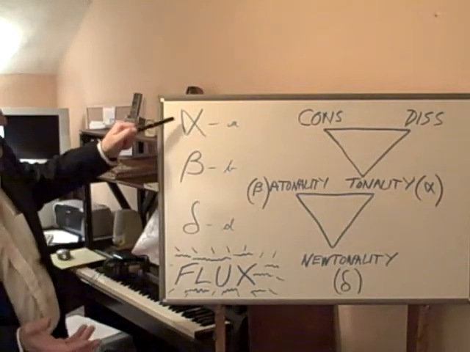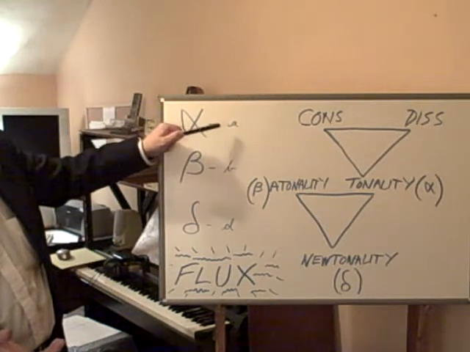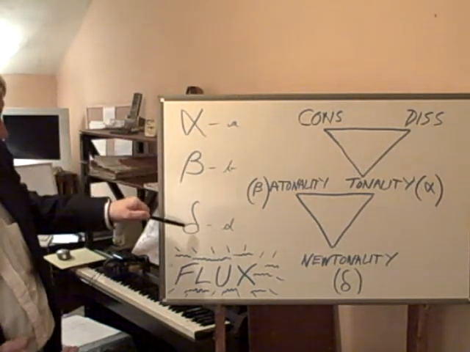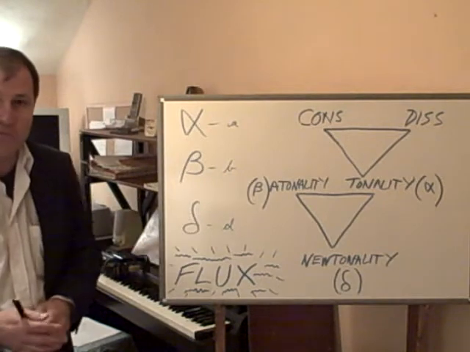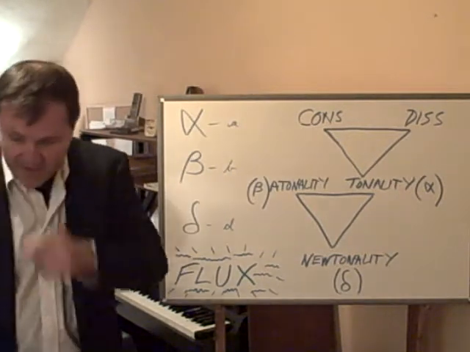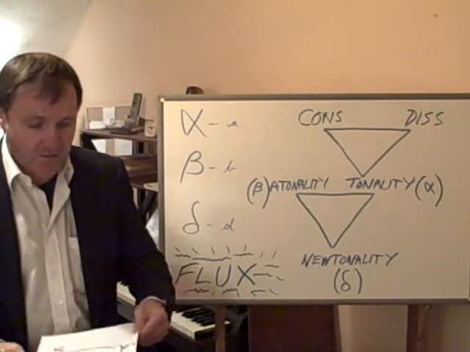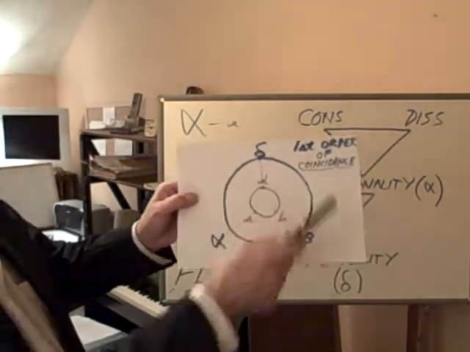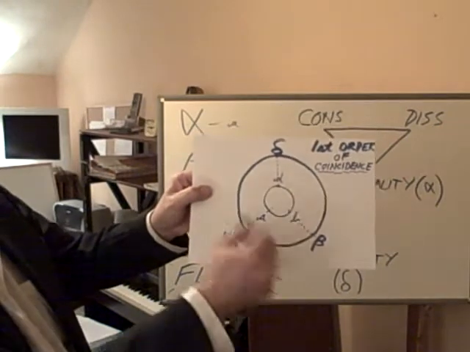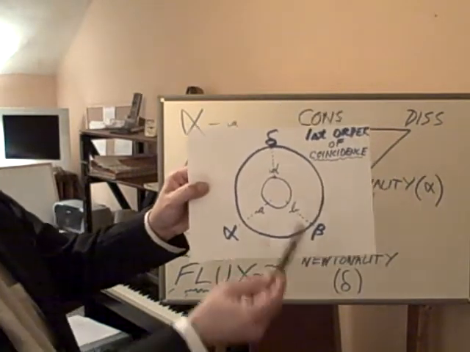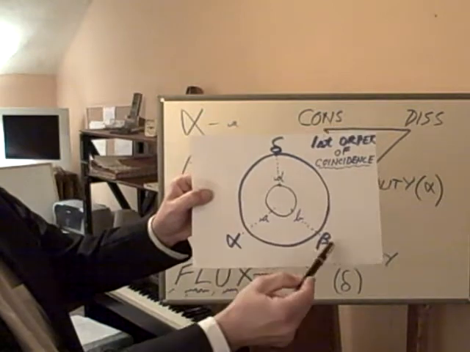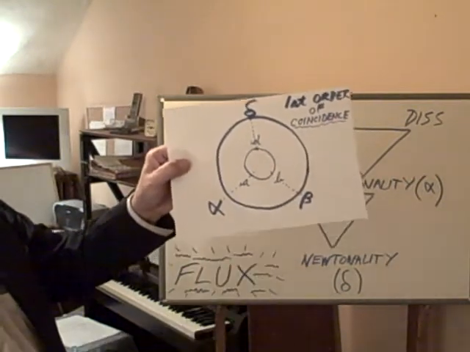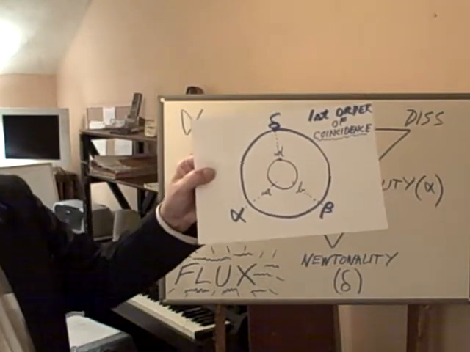So alpha phase is represented by a Thomes, beta phase represented by b Thomes, and D by the d Thomes. And it's as simple as that. This we call the first order of coincidence. And there are the two circles. There's the outer circle representing the phases, and there's the inner circle representing the Thomes. That's the first order of coincidence.